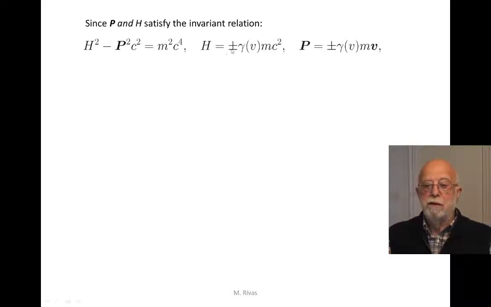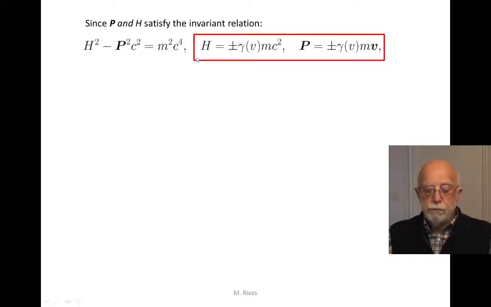One, if energy is positive and linear momentum along the velocity of the center of mass, we call particle, and antiparticle in the other case, when the energy is negative and the linear momentum has the direction opposite to the velocity of the center of mass. We shall clarify the differences between particles and antiparticles in a future lecture.